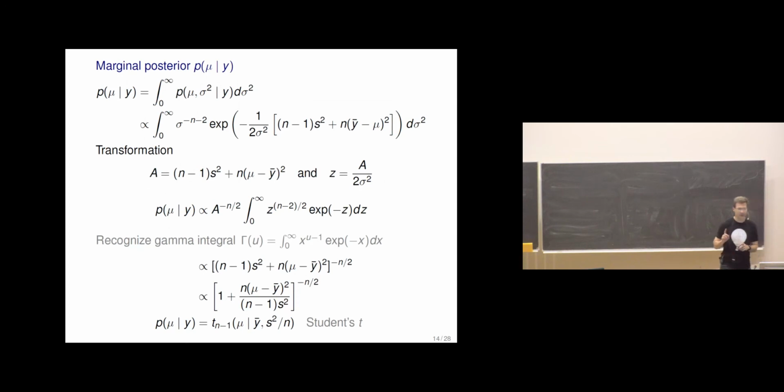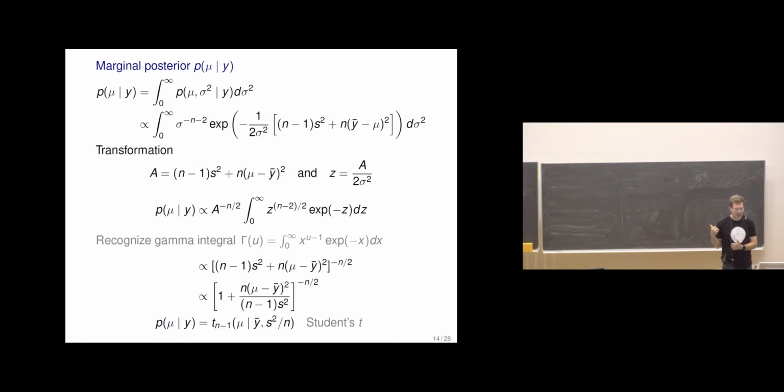So, during the break, there was a question about where this prior sigma to the power of -2 comes from, and there are a couple of different ways we can come to that.